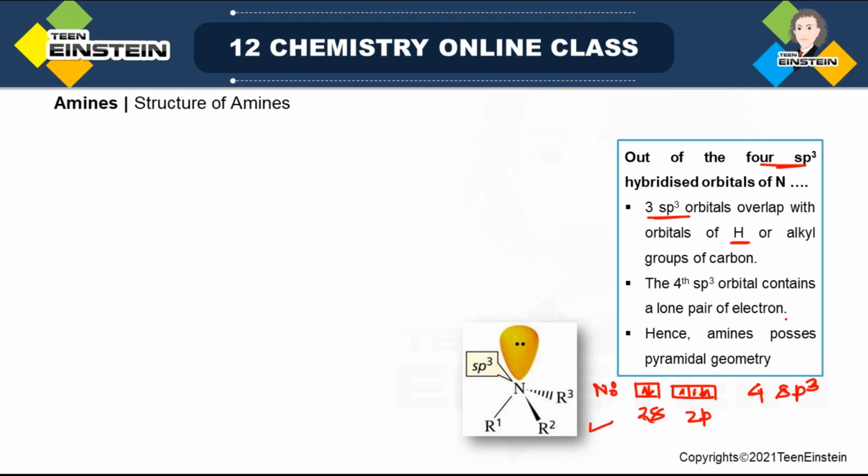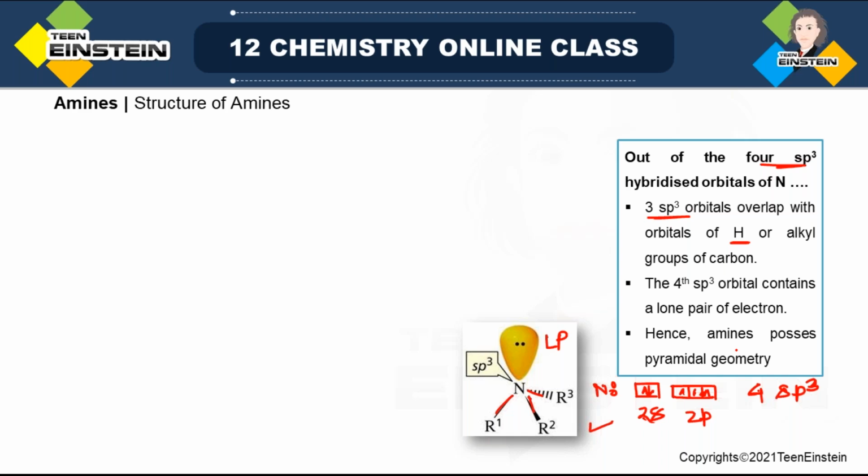But what about the 4th sp3? Because only 3 bonds are there. Now the 4th sp3 will contain this lone pair. So in this way all the 5 electrons are filled in these 4 sp3.